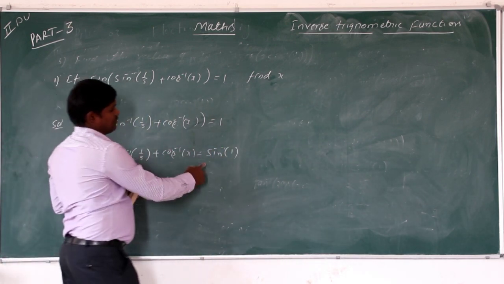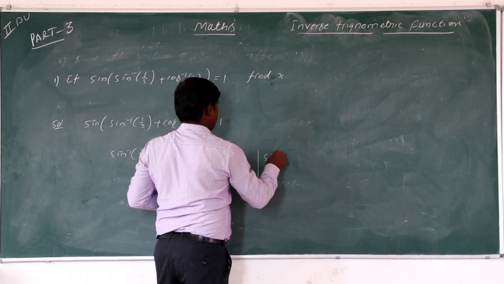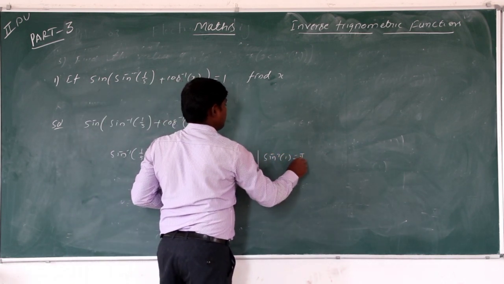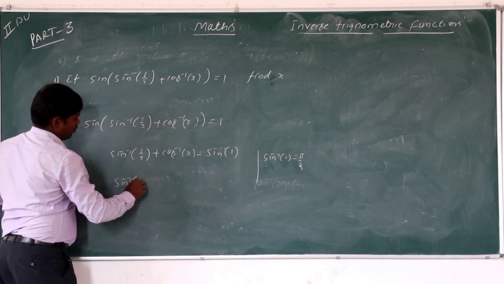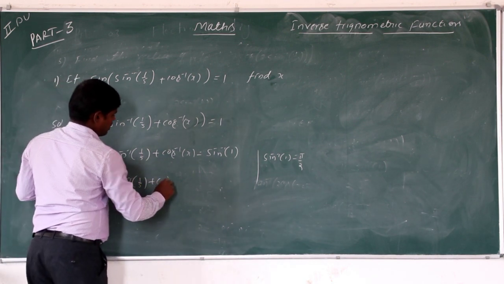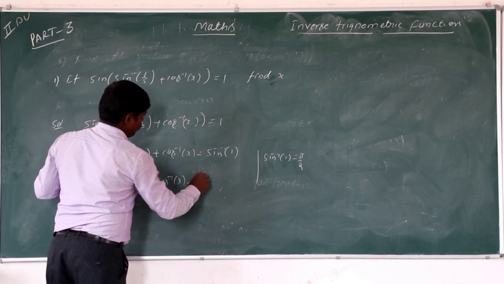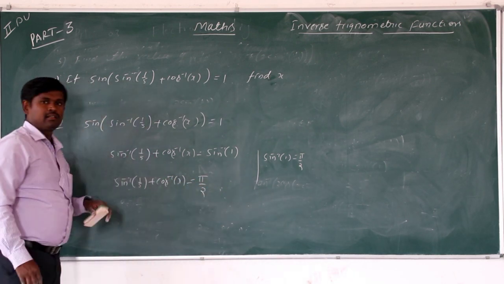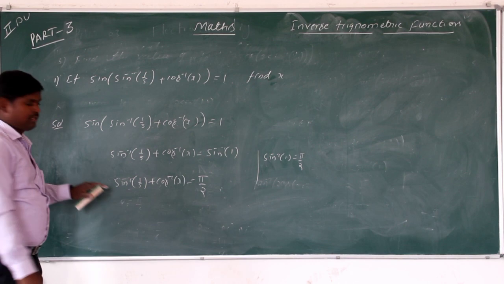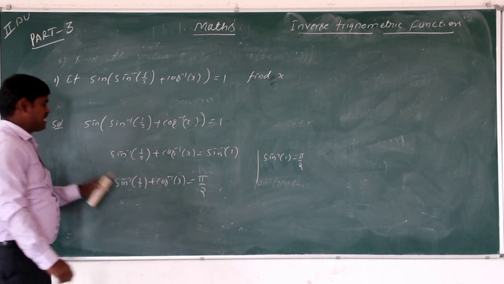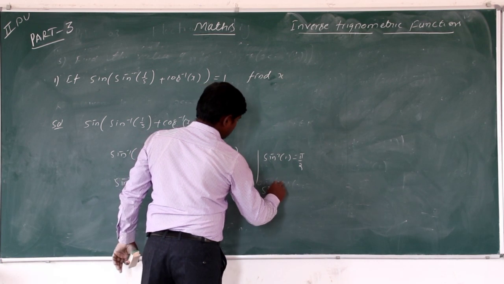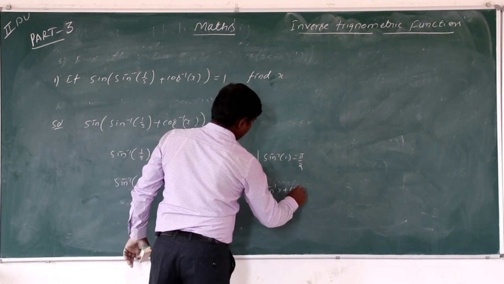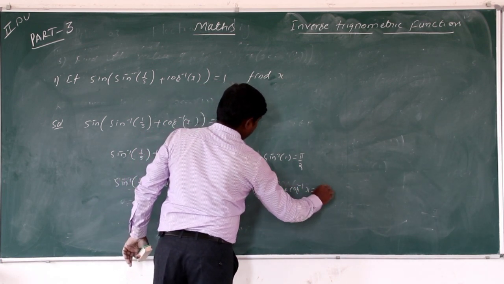Sin inverse of 1 is equal to pi by 2. So therefore sin inverse of 1 by 5 plus cos inverse of x is equal to pi by 2. This is only possible if x is equal to 1 by 5, since we already know that sin inverse of x plus cos inverse of x is equal to pi by 2.